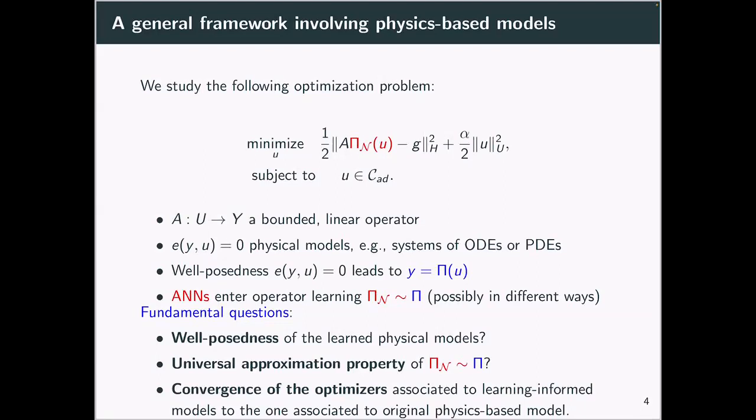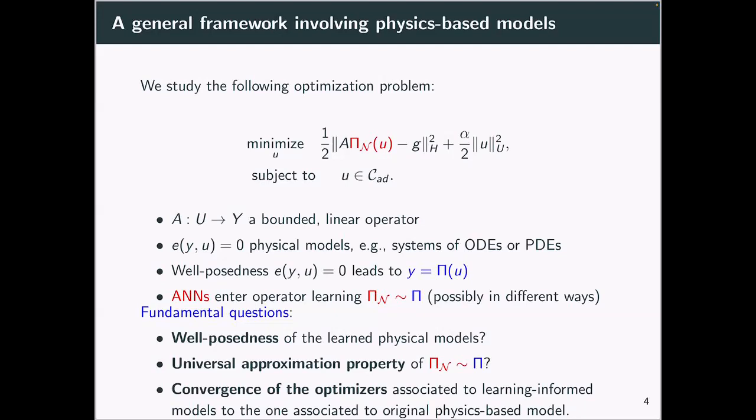And further, we can ask how about the approximation of the optimizers of the two optimization problems. One is the learning-informed optimization problem, and the other is the original optimization problem. Are the optimizers close to each other?